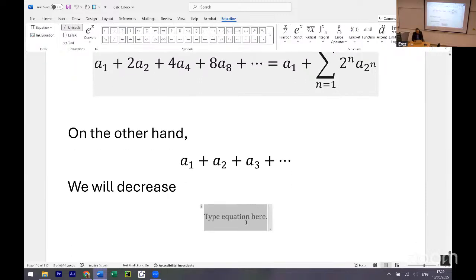So A1, I leave it A1. A2 and A3, no, sorry. I remember now. A1 and A2, I make A2 plus A2 plus A3 all the way up to A.